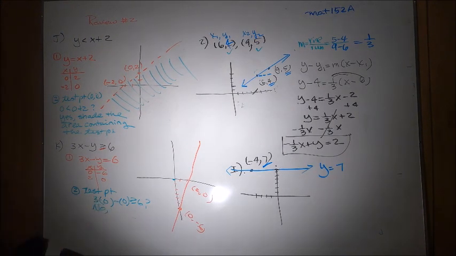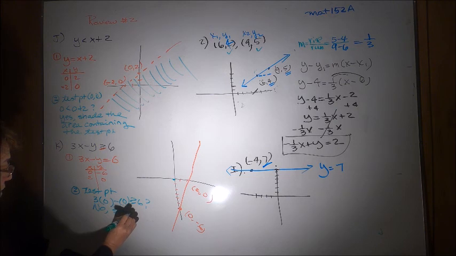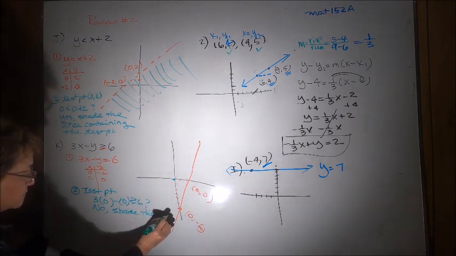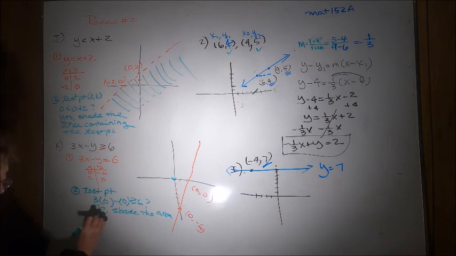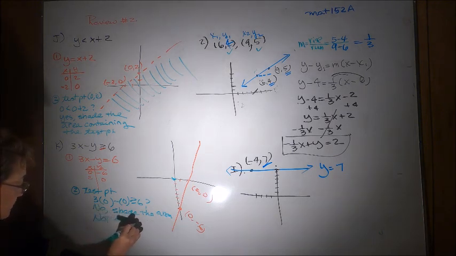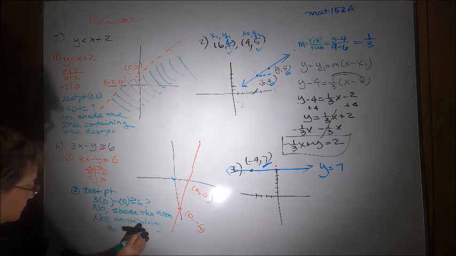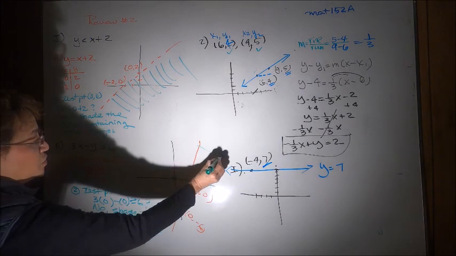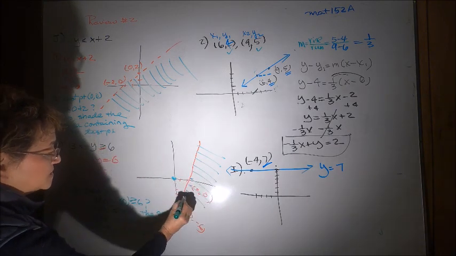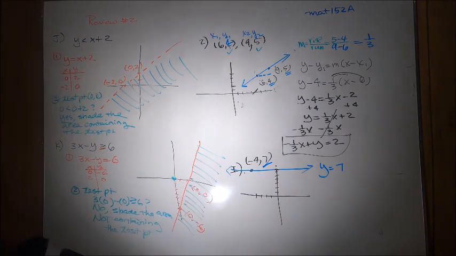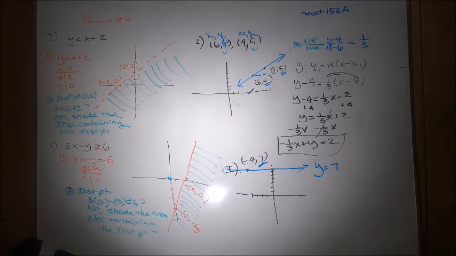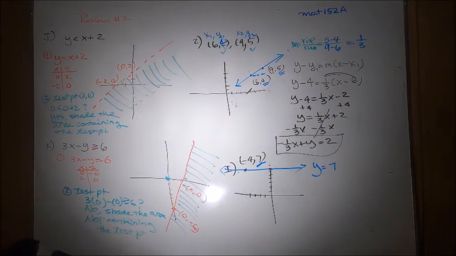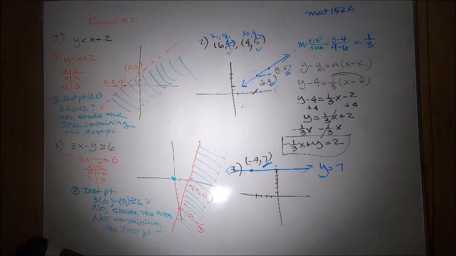No. So we will shade the area not containing the test point, right? If it doesn't contain this point, that means you will shade the opposite side. Is that right? So that would be our review for your exam 2. Study it.